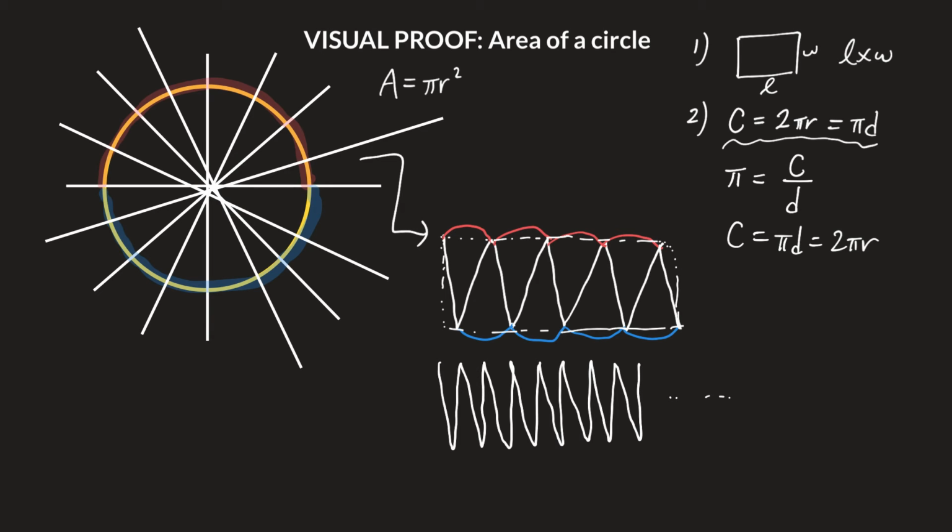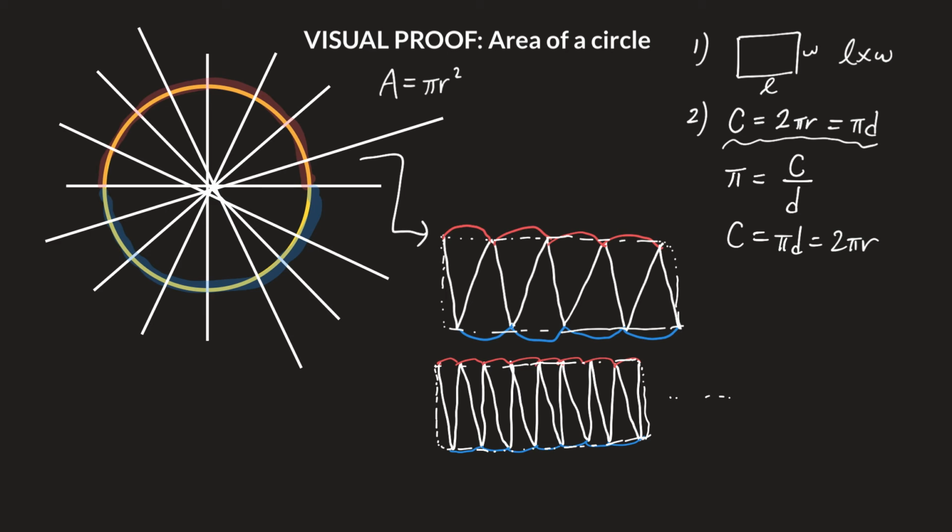It's going to look something like this. So I have all the slices with red edges on top and all the slices with blue edges on the bottom. Right? Now you can see that this shape is starting to resemble more like a rectangle. Not exactly, but it is starting to look a lot more like a rectangle than the picture above, right?